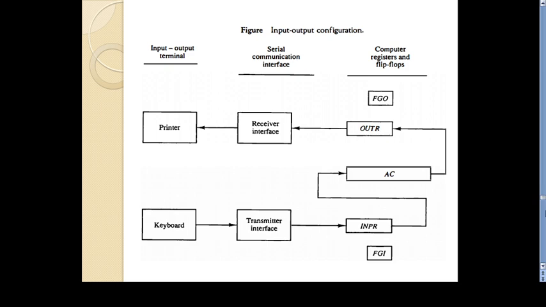The input register consists of 8 bits and holds alphanumeric input information. The 1-bit input flag FGI is a control flip-flop. The flag bit is set to 1 when information is available in the input device and is cleared to 0 when the information is accepted by the computer.